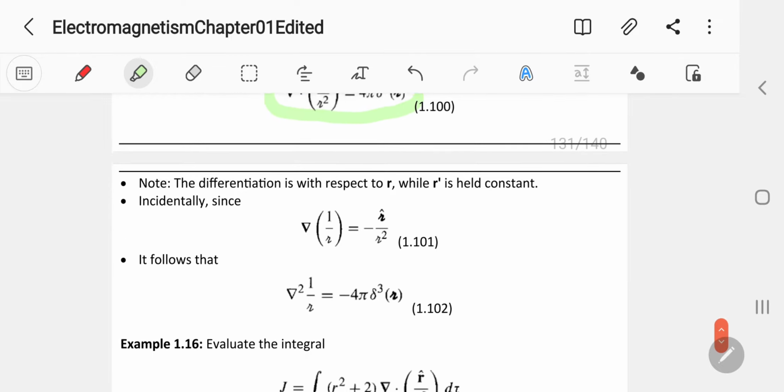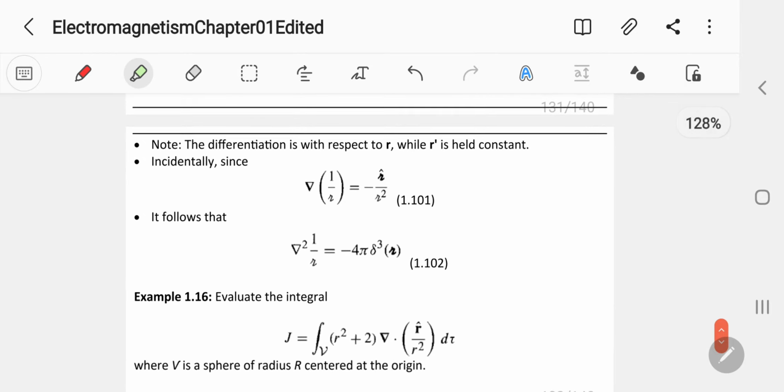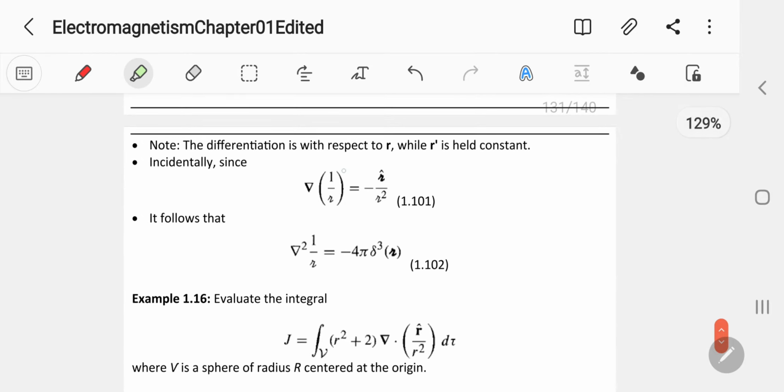And of course, the gradient of 1 over r is equal to, as we have solved, here you can get the gradient of this, and of course the gradient of this one, but this one is that one.